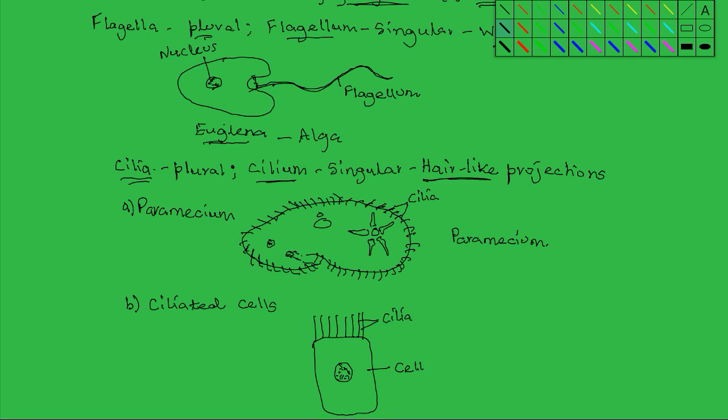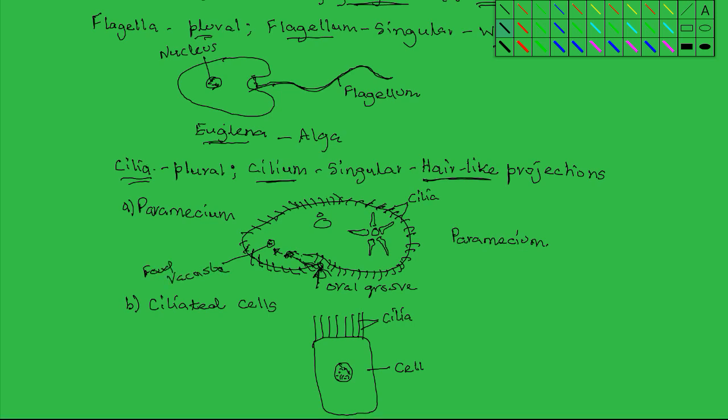The body of the Paramecium is such that there's an opening here known as the oral groove. Through the oral groove, food particles are beaten by the cilia into a structure that is like a mouth, where the membrane is very thin, and then the food particles are engulfed and taken into the body in the form of a food vacuole.